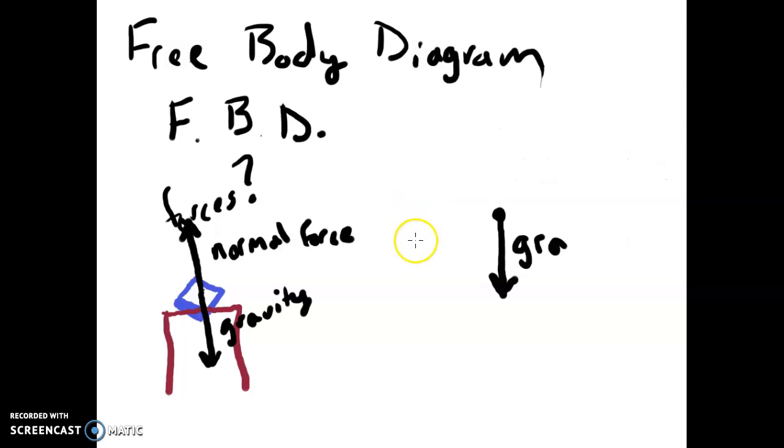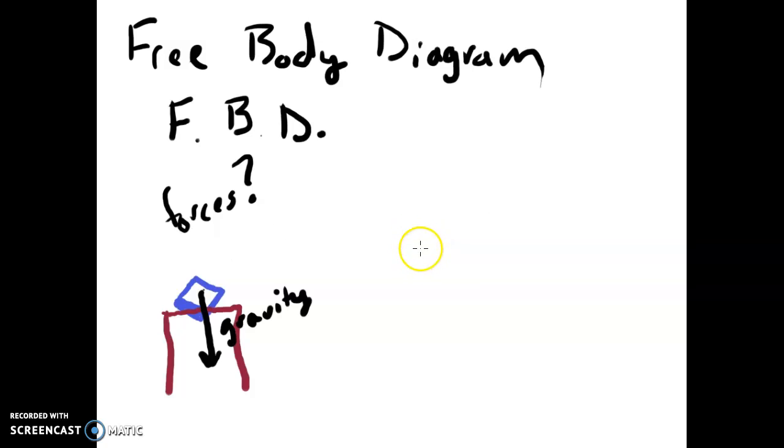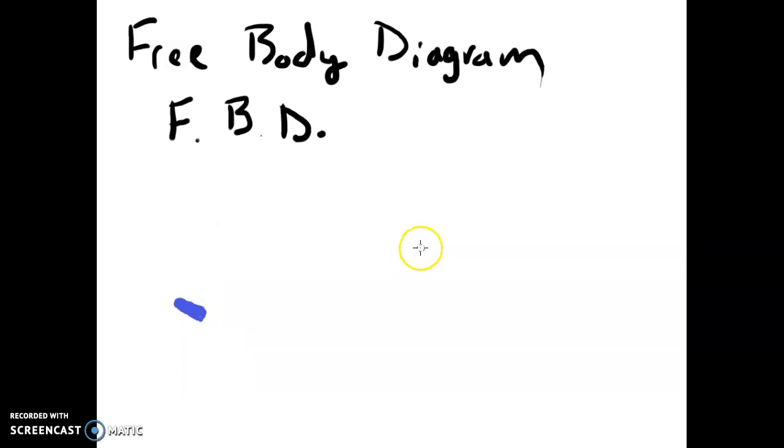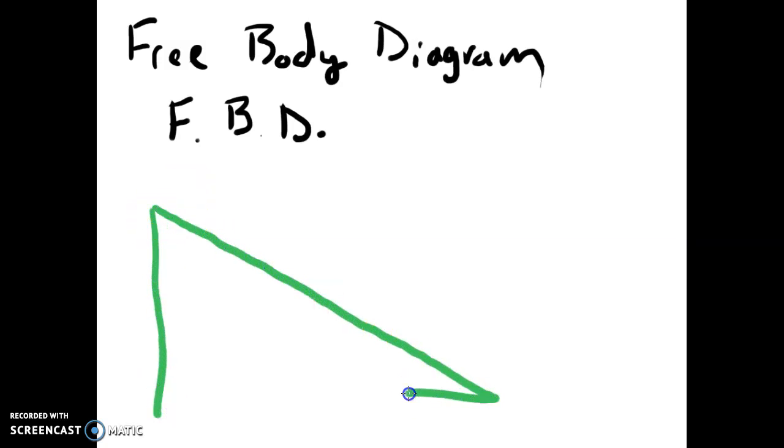So let's imagine instead of a book on a table that we had a ramp, and we had a ball rolling down a ramp. So in this case, let's use green. I've got my ramp. Okay, and I don't know, let's make the ball this color.